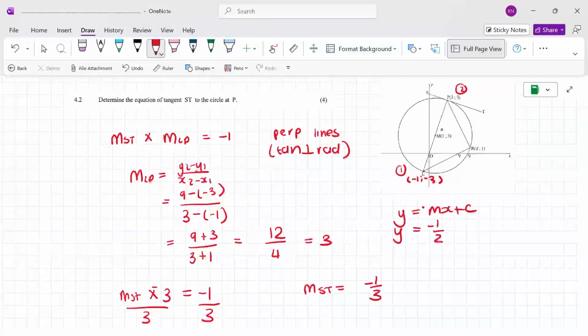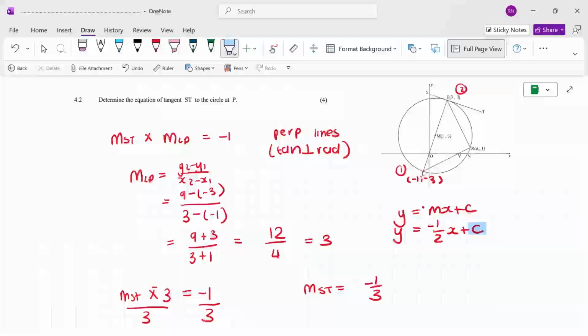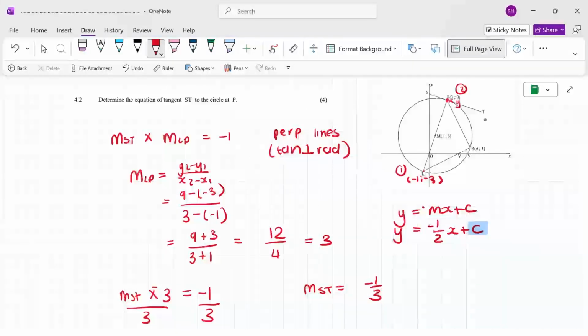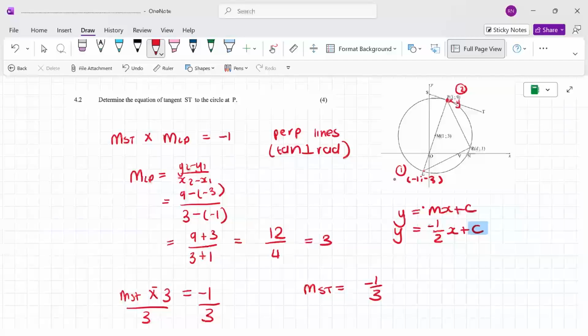Now we know that to write out an equation, we have to know what the c value is, and we find it using a point that we have on our line. We have this point P on our line, so we can substitute the x and the y for that point P into this and find what my c is. So 9 equals -1 over 3 multiplied by 3, plus c.